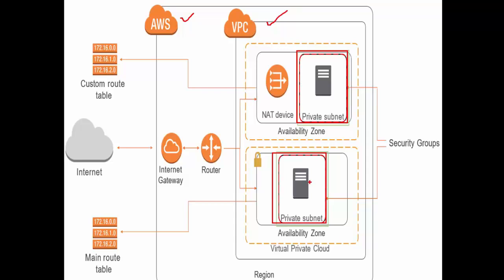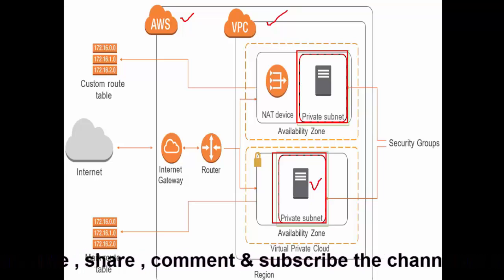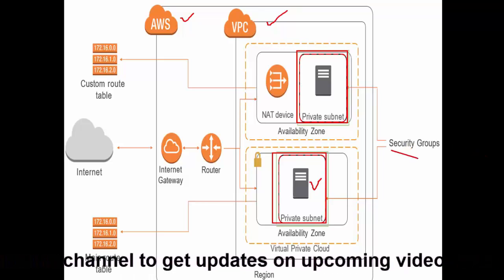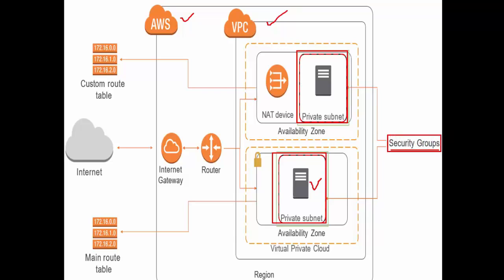The security group is for the EC2 within the subnet. Whatever EC2 is working there, the security group applies to the EC2 within the subnet. Always keep it in mind. There is a big difference between NACL and security group. So right now we are discussing the security group that works at the instance level.